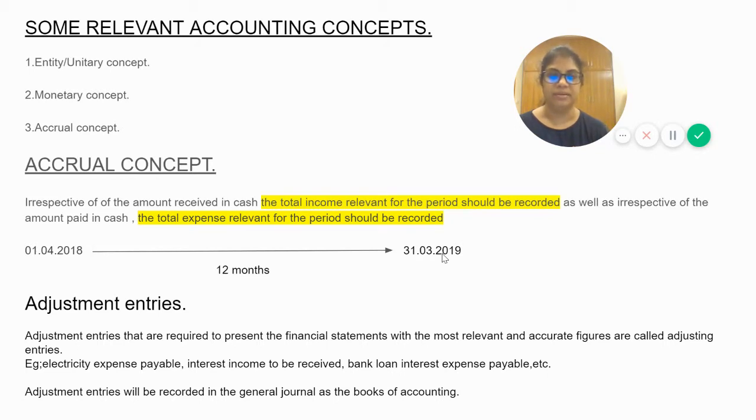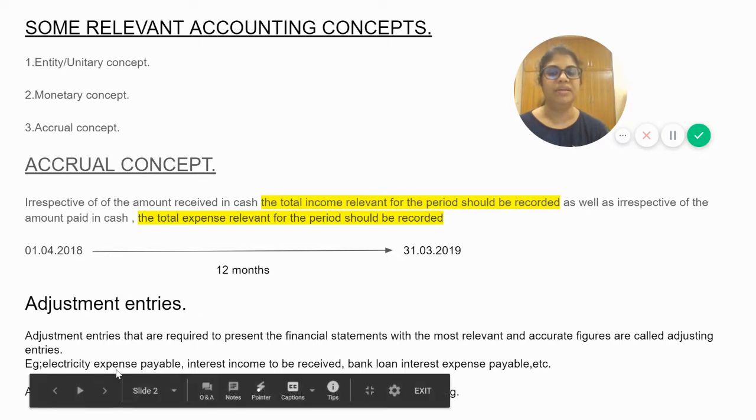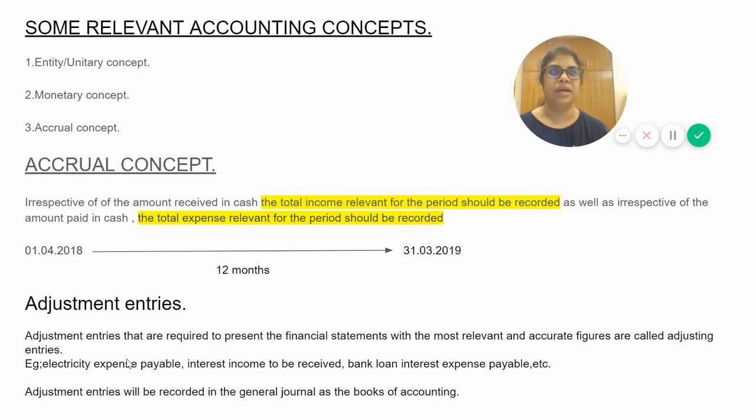Practically, it won't happen. But when you are preparing the profit or loss for the period, you have to consider that last month's interest income as well. In the same way, there can be different types of expenses: electricity, telephone, rent.